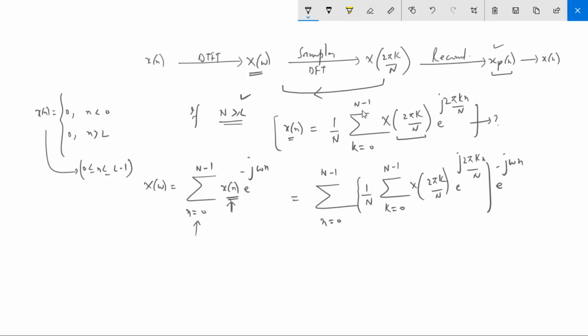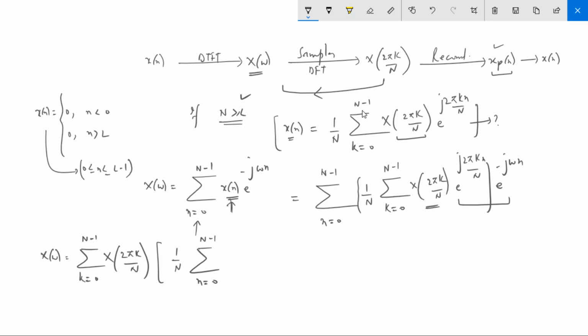Okay, and just changing the order of summation here, I can write this equation as X(omega) is equal to, I first write the summation of k from 0 to N minus 1 X(2 pi k by N), and then multiplied with the rest of the factors, 1 by N summation of n from 0 to N minus 1.